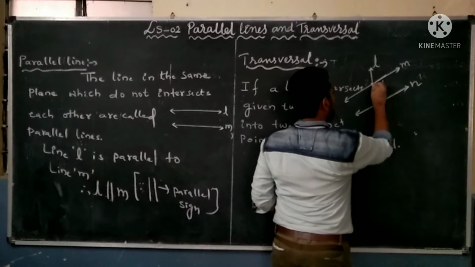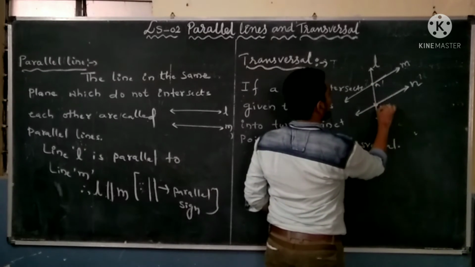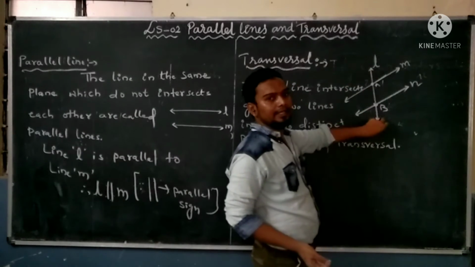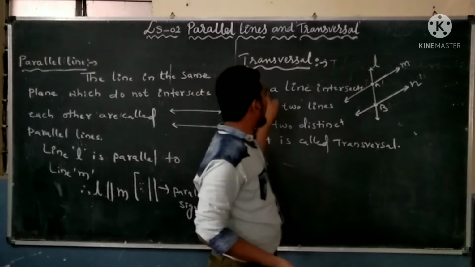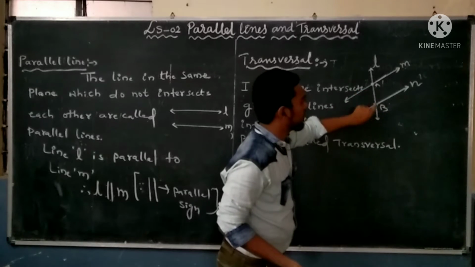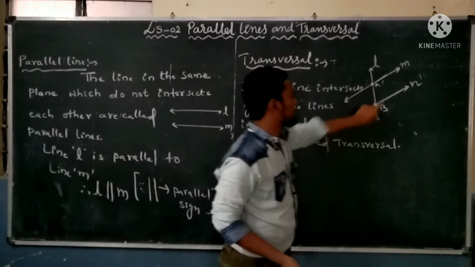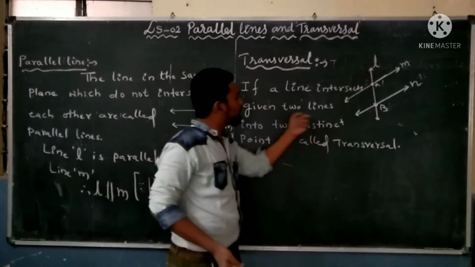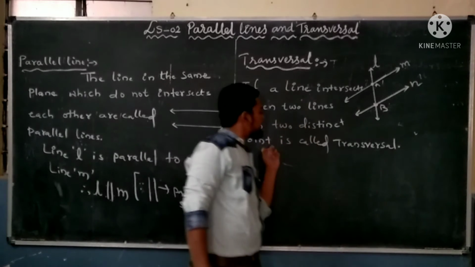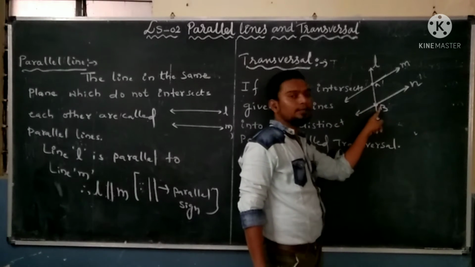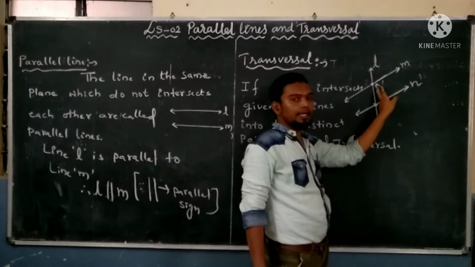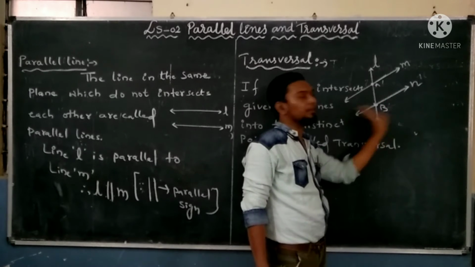These distinct points mean this one is point A and this one is point B. If line L intersects point A and point B, the given two lines M and N, at two distinct points A and B. Here, in line M, A is there and in N, B is there.